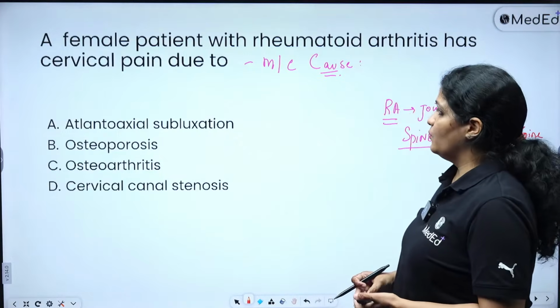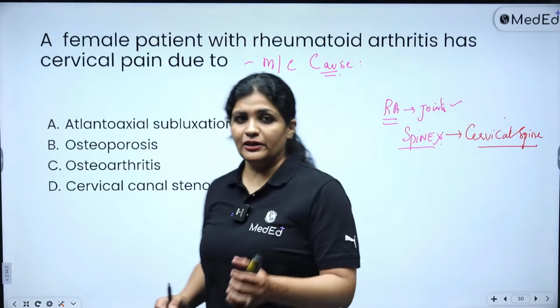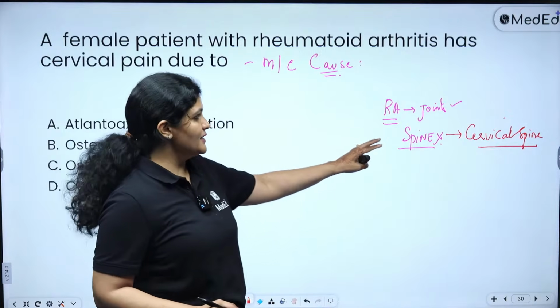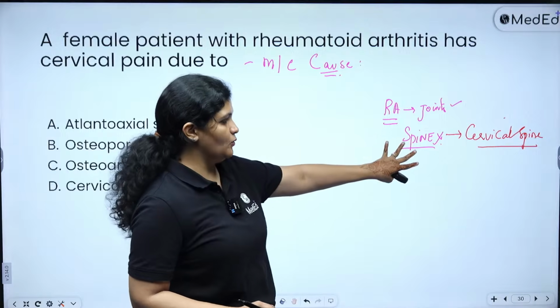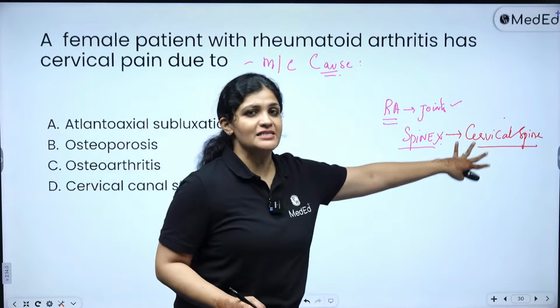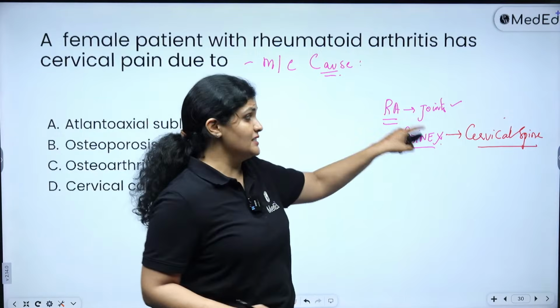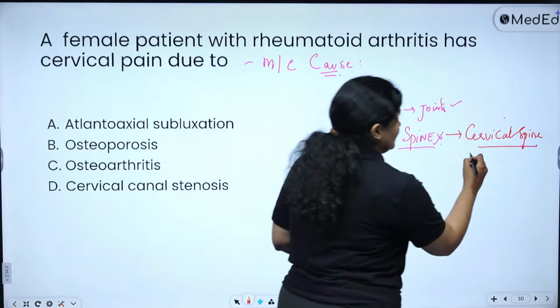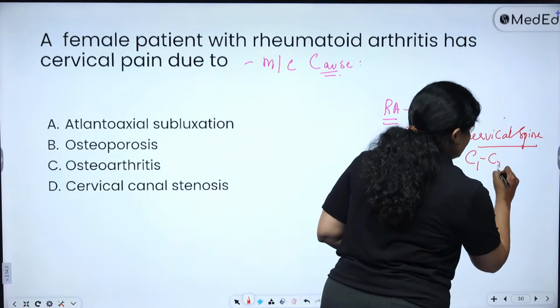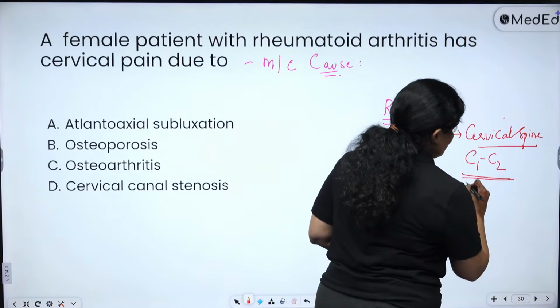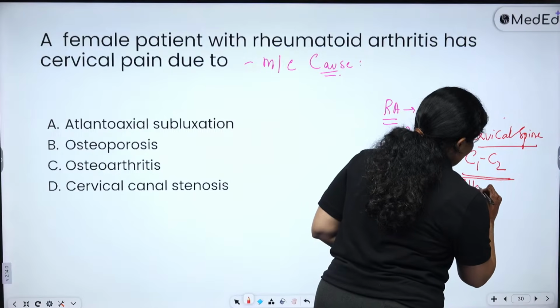Now, what I was telling is about rheumatoid arthritis. In rheumatoid arthritis, the spine is not actually involved. If it is, it is only the cervical spine symptoms we see, and specifically the joint between C1 and C2. C1 is called the atlas, and C2 is called the axis, right?